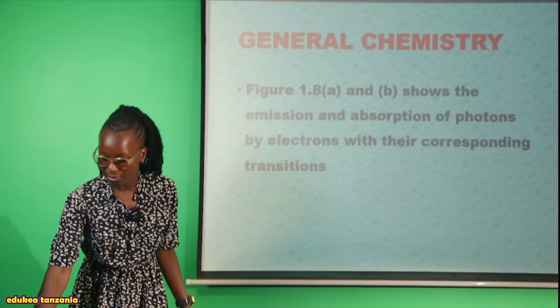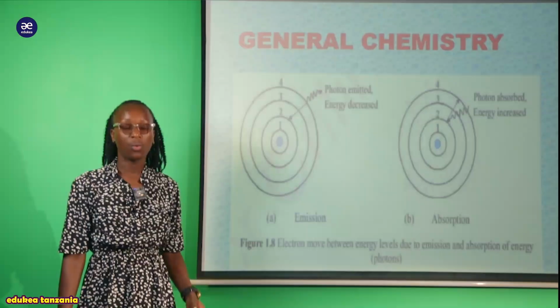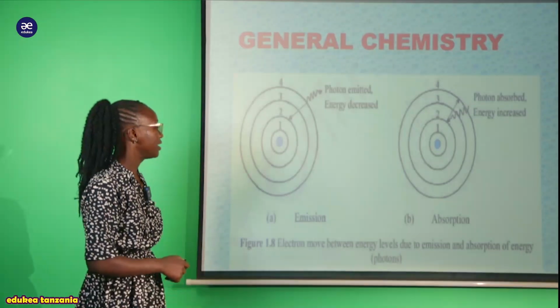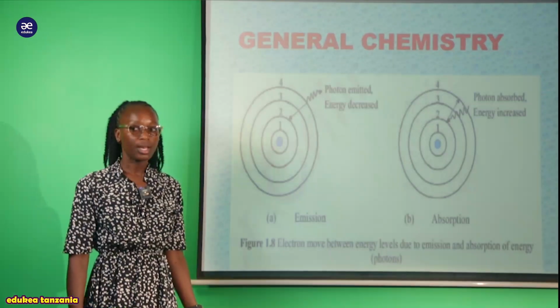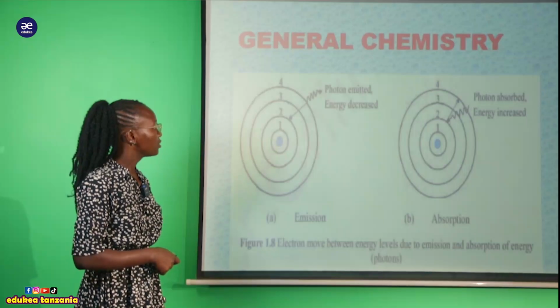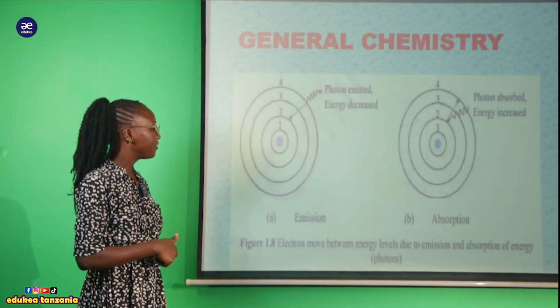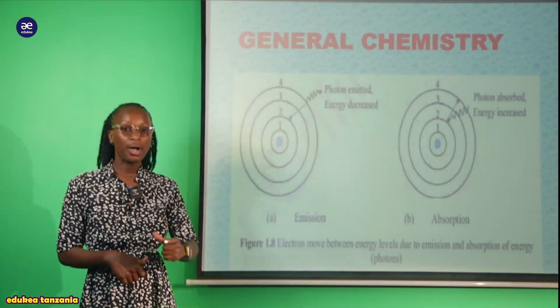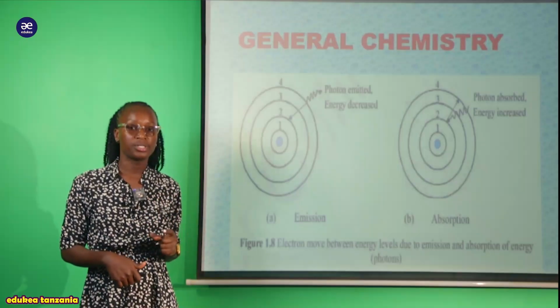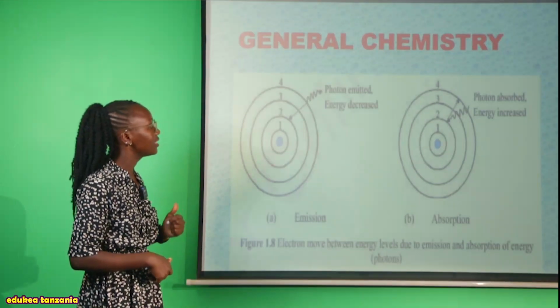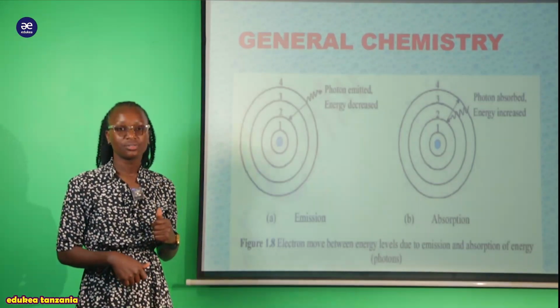Now let us see our figure 1.8. Kuna part A, kuna part B. This is our figure. So as you can see that katika figure A ina undergo emission process. Why emission process? Because there is decreasing in energy.